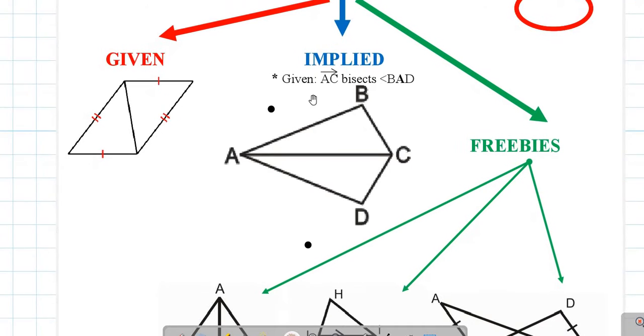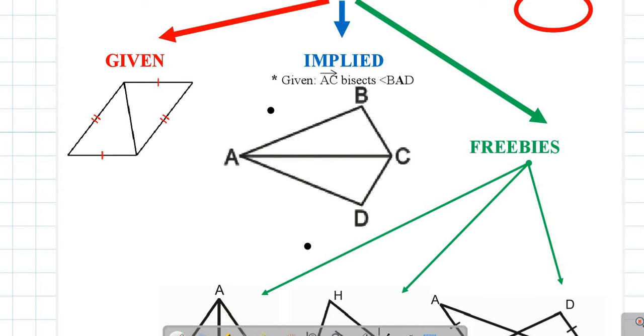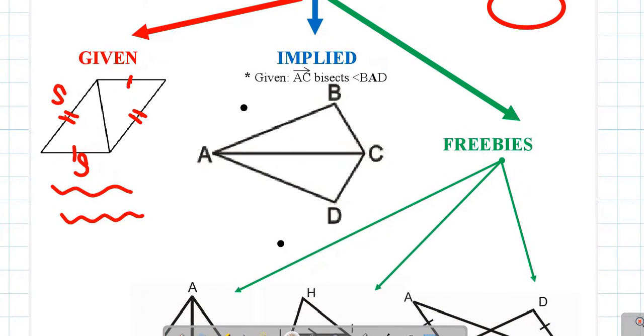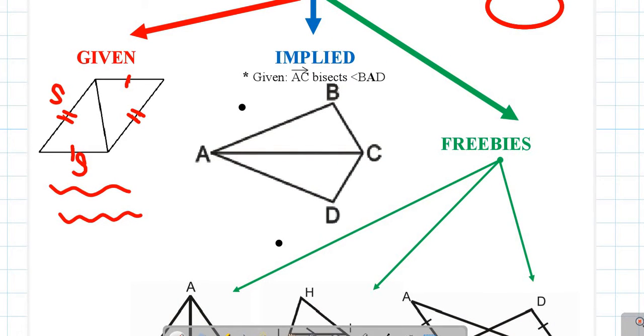Let me give you an example of each. A given, if it's marked on the diagram or it's given to you in written information, that's given. So in this case, I would have a pair of sides and another pair of sides. Now, implied, if you're given a statement like this, AC bisects angle BAD.